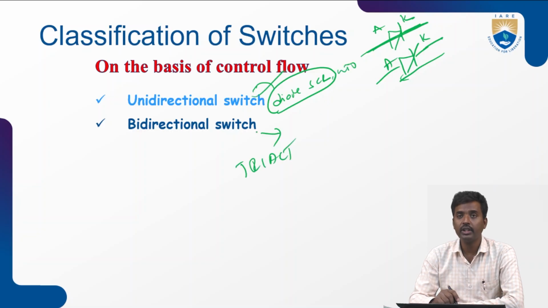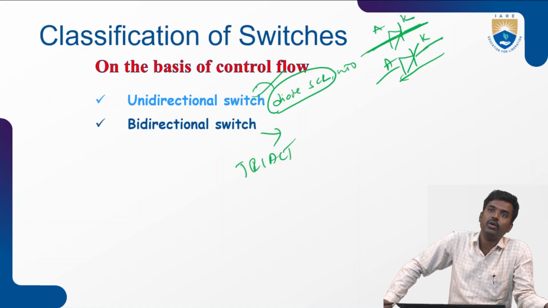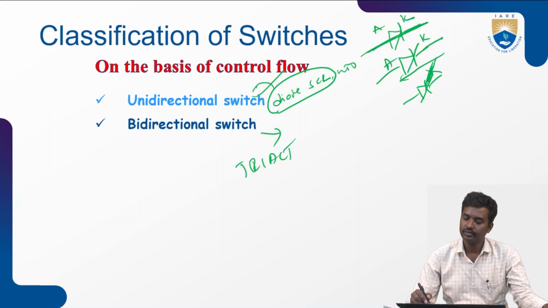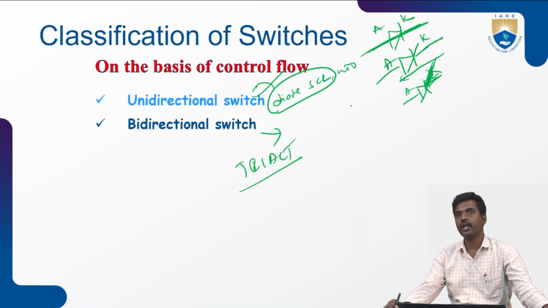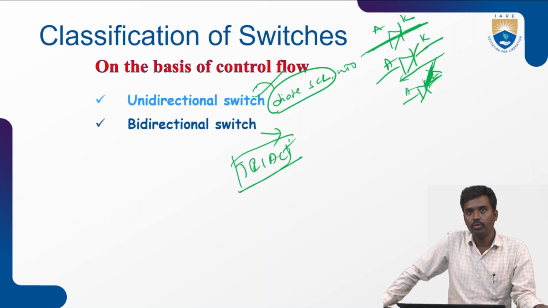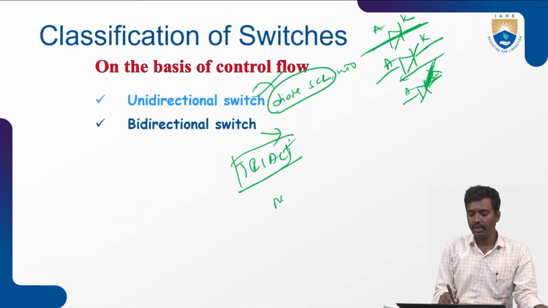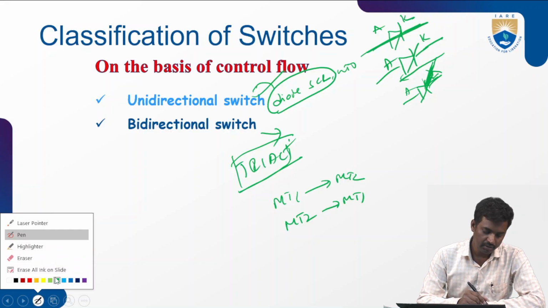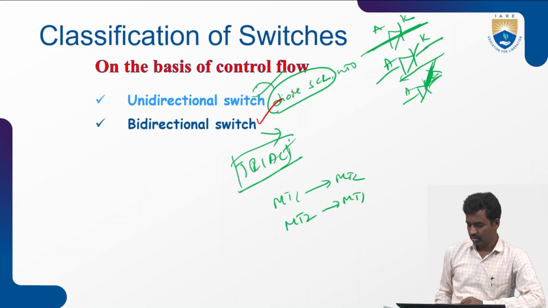GTO is also a unidirectional device: even though it is a fully controlled device, the current direction is always anode to cathode. What about the bidirectional device? The triac is the best example of a bidirectional switch, where current can flow in both directions, from MT1 to MT2 and from MT2 to MT1.